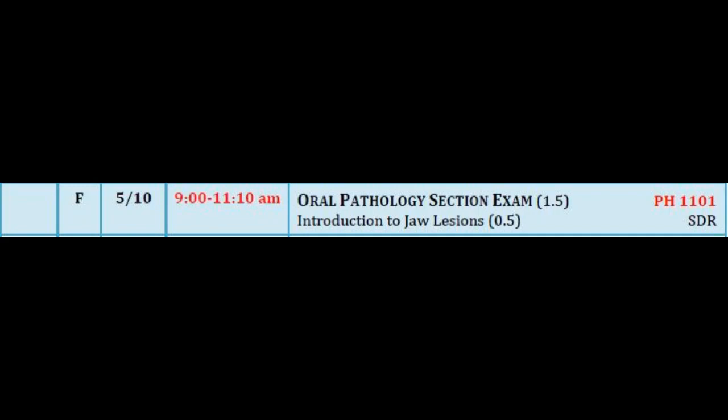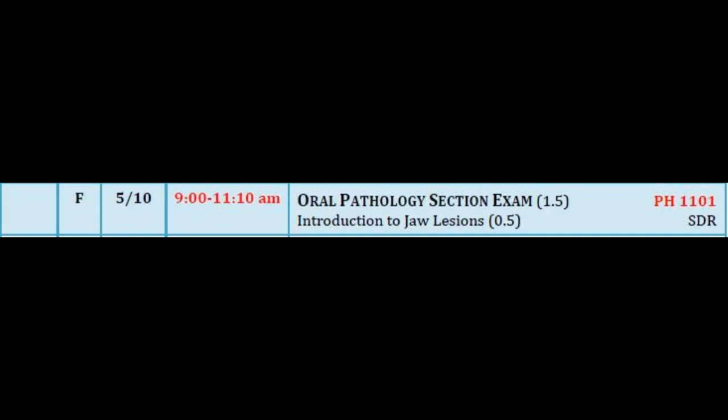Could you explain again what makes a cyst a cyst? What does a lesion have to have for us to call it a cyst? It has to be a cavity or sac filled with fluid, so it's supposed to contain fluid, and it has to be lined by epithelium for it to be a cyst.